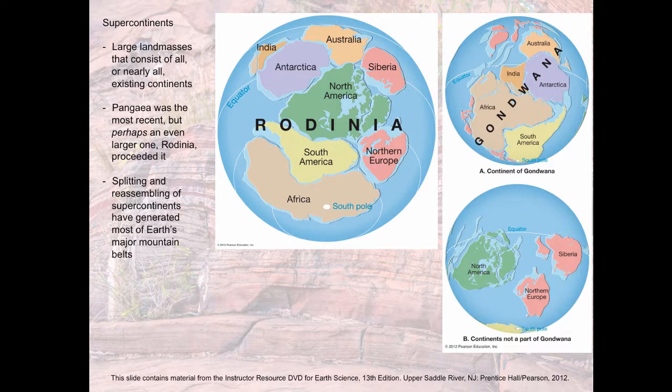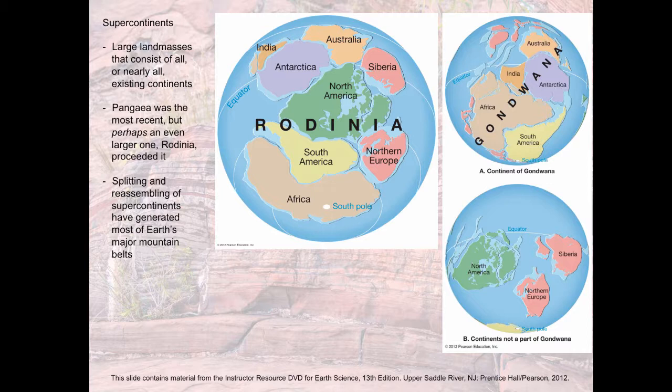Now, supercontinents are an interesting concept that are useful for geologists. They are large land masses. They consist of nearly all, or all in some cases, continents. Supercontinents are fundamentally a product of tectonics. They change over time.